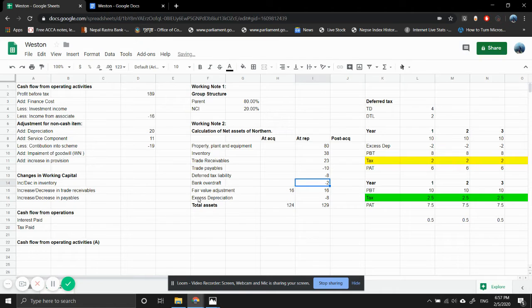Minus 10. Okay, so this figure will be this minus this. So let's copy paste everything.